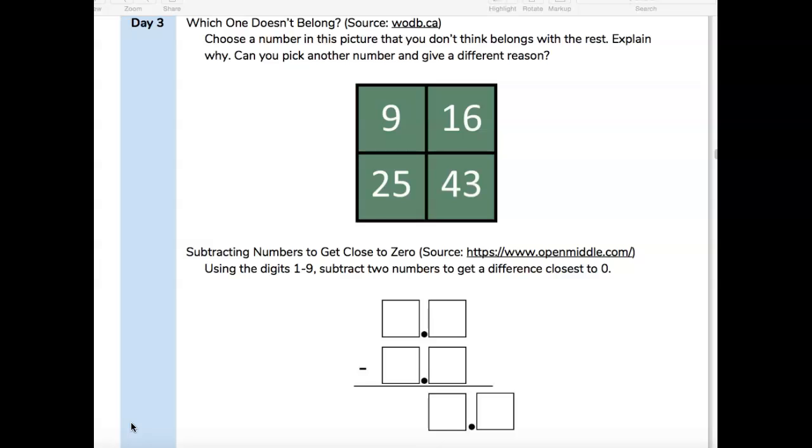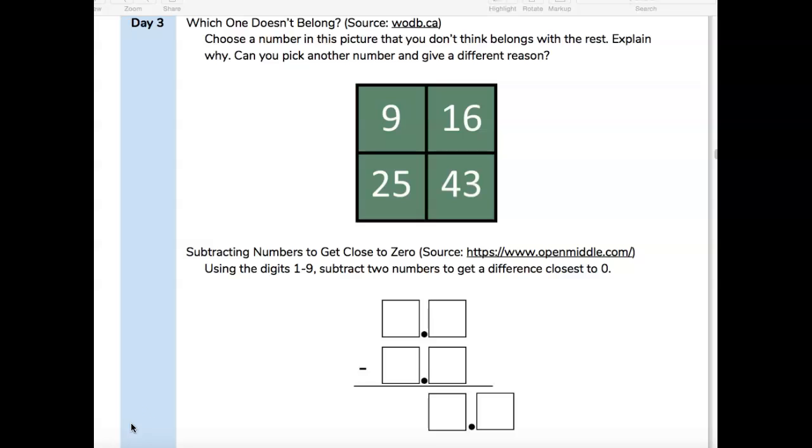So 6 plus 1 is 7, 5 plus 2 is 7, 4 plus 3 is 7, and then the 9 doesn't fit. You can come up with your own, and as long as you can justify and explain why it doesn't fit, they'll accept it, okay? It's just thinking about math in abstract ways.